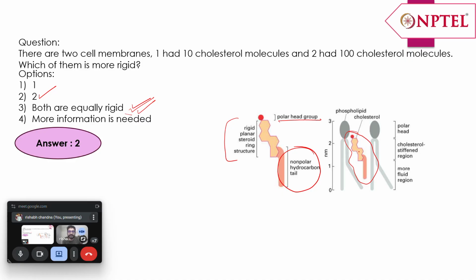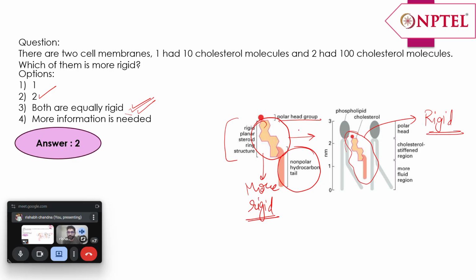So, if this particular cholesterol molecule is present in a lipid bilayer, what happens is it actually stiffens the region. Okay, so it makes the lipid bilayer more rigid because this steroid ring region is basically more rigid. So it does not help the lipid bilayer to move.